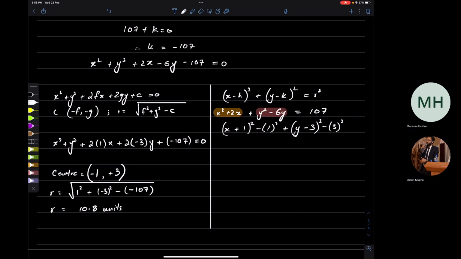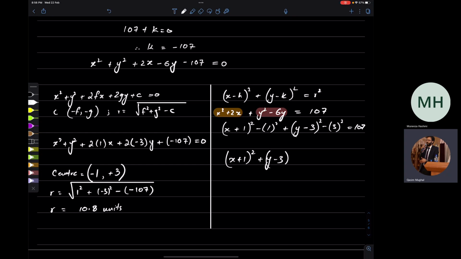Got it? Yes, sir. And then equals 107. So I've got x plus 1 whole squared plus y minus 3 whole squared minus 1 minus 9 equals 107.